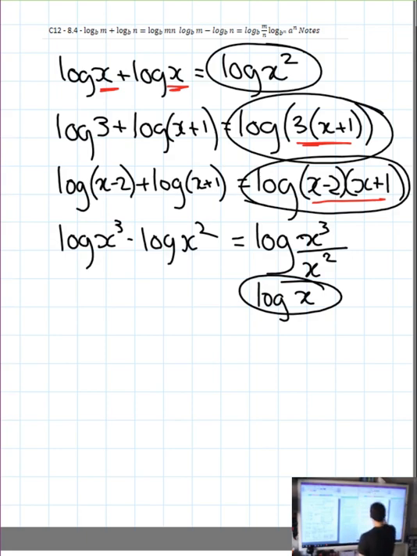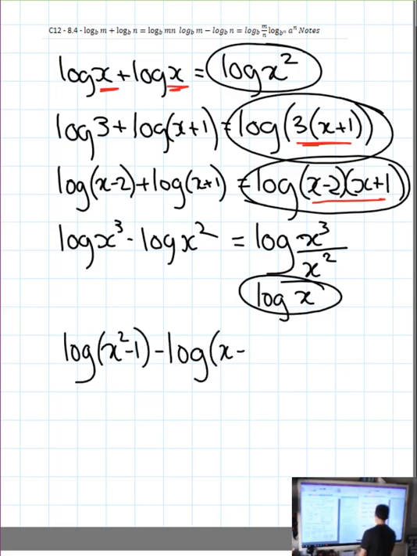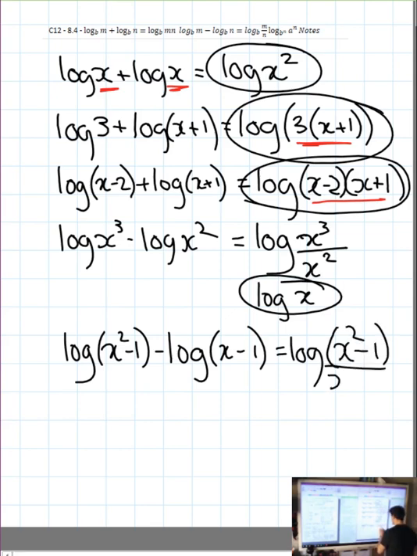So let's take a look at another example of subtraction. Let's take log of (x squared minus 1) minus log of (x minus 1). Well, that's going to turn into a single logarithm, again, plus 1 like in the notes.